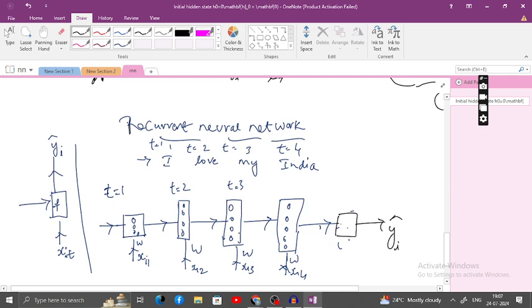This is one more activation function, the softmax activation function. So at the time t is equal to 4, look at the things. I love my India. So there is a sequence. This is a sequential form of network.